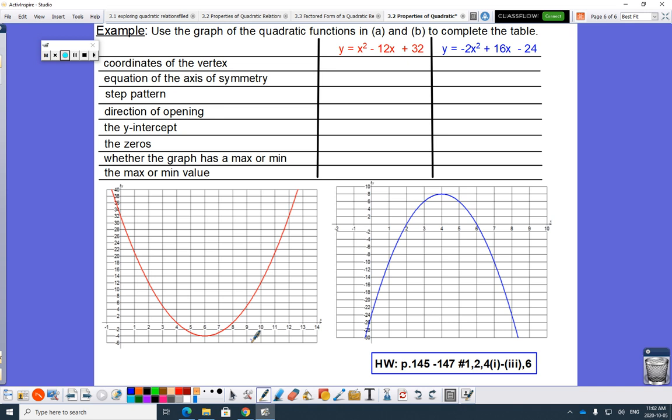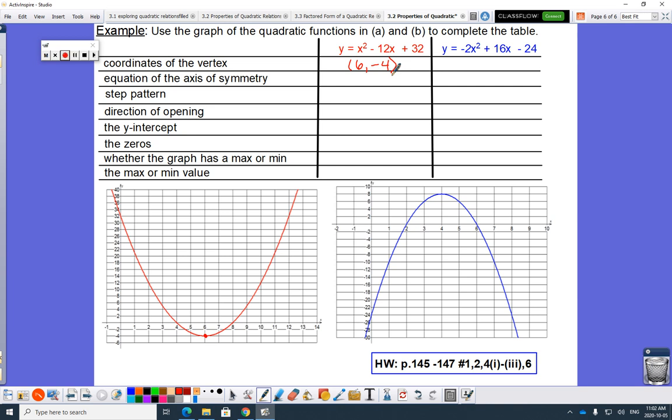So what are the coordinates of the vertex? I'll use my red here. The coordinates of the vertex, you want to write what it is, 6, negative 4. And again, you can start to see the pattern or the redundancy.